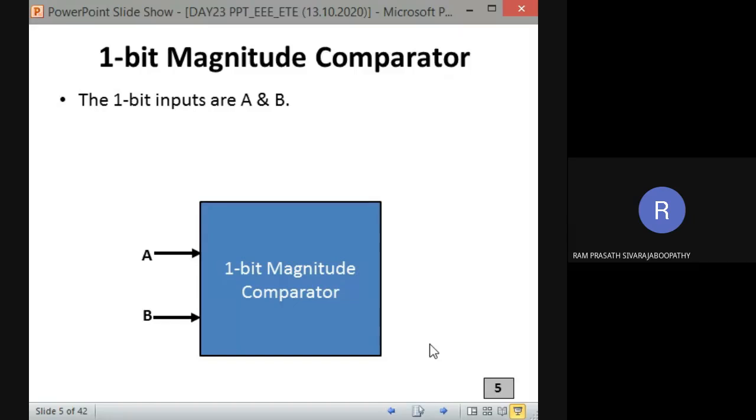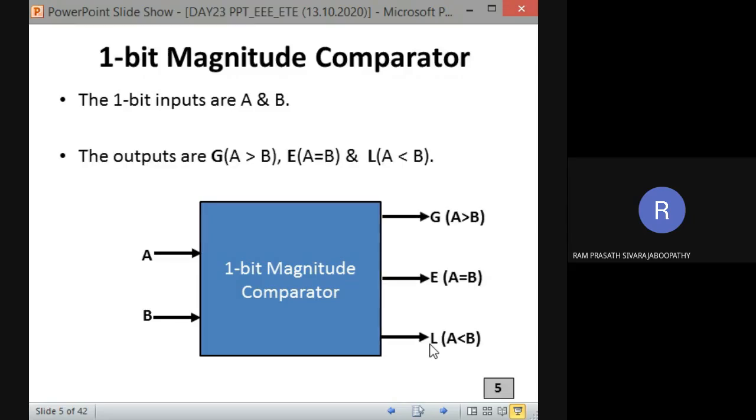What about the outputs here also? Either it is n-bit data or 1-bit data, the outputs must be greater, equal, lesser. GEL, very good. So this is the block diagram of a 1-bit magnitude comparator.